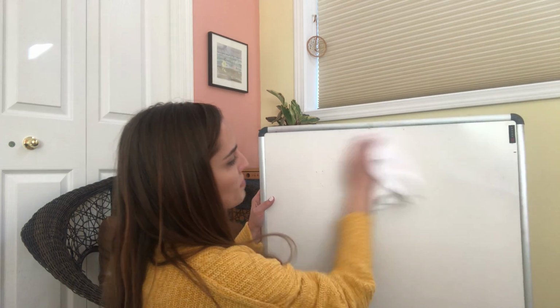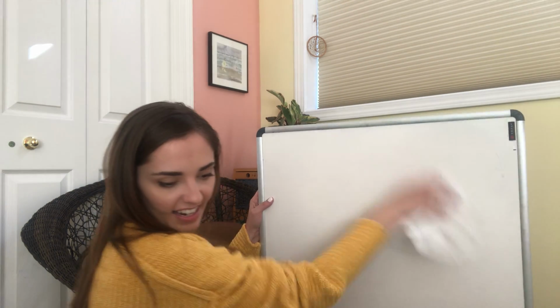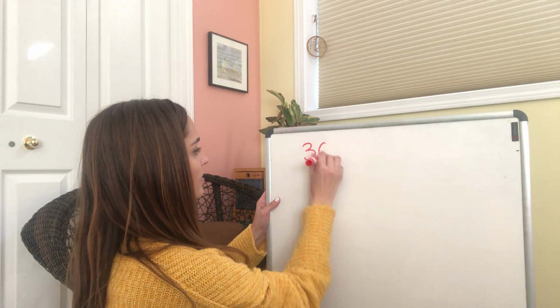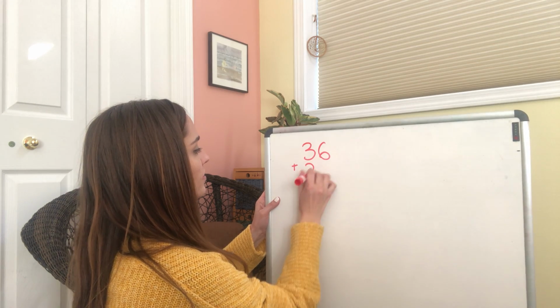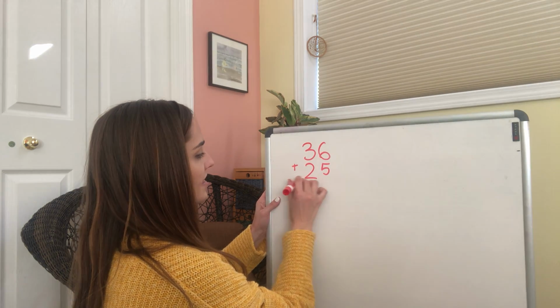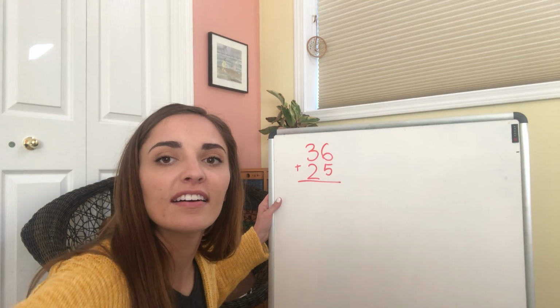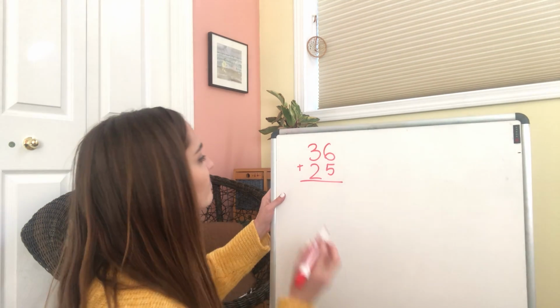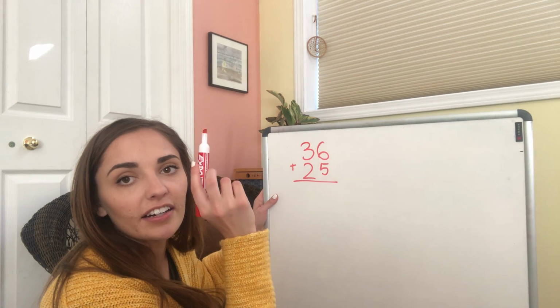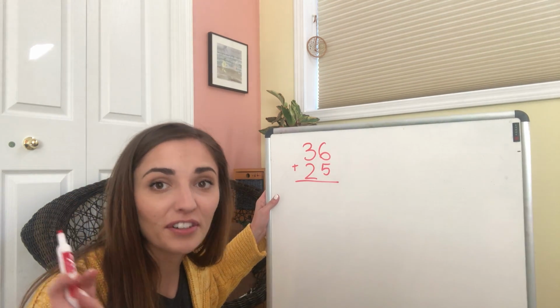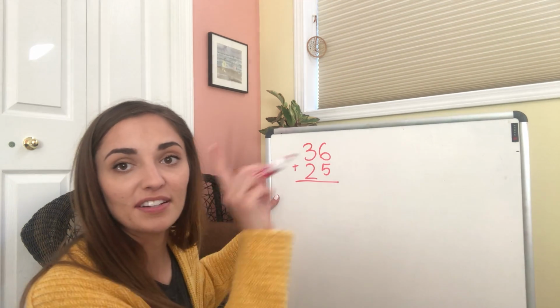Okay, let's take one more problem from day 1. And I'm going to do 36 plus 25. And this time I'm going to do the place value kind. So with place value, remember we're showing our addition through a visual representation, showing our 10 sticks and our 1 dots.